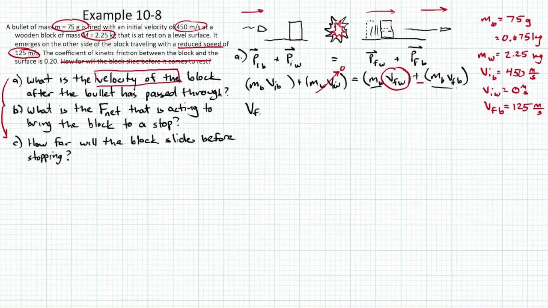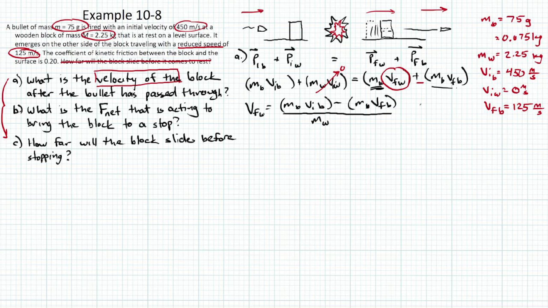Final velocity of the wood block would be mass of the bullet, initial velocity of the bullet, minus this right here, mass of the bullet, final velocity, I'm going to make that B a little smaller, times final velocity of the bullet, because we subtracted that from both sides. And all this is going to be divided by mass of the wood block, because we have to divide to get that away from V final of the wood block.